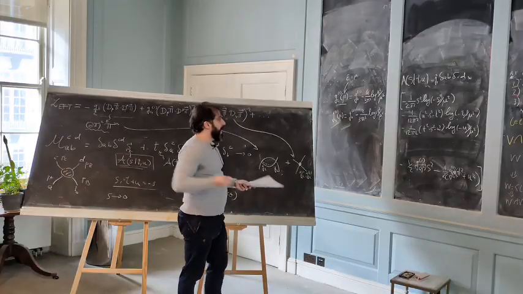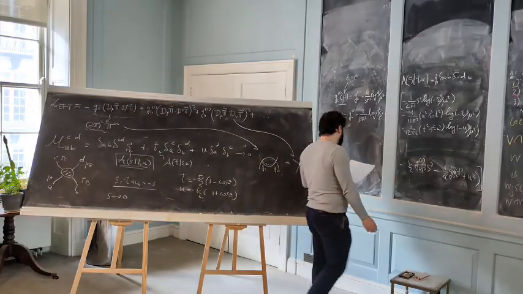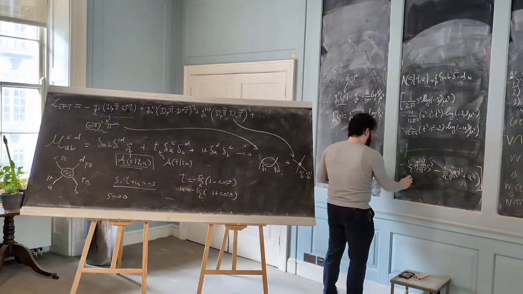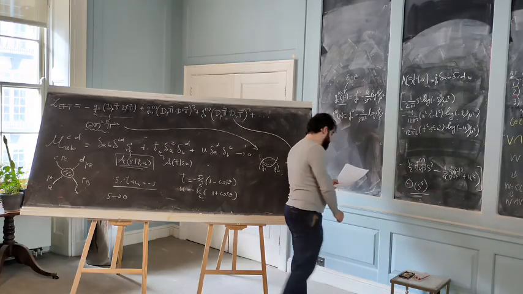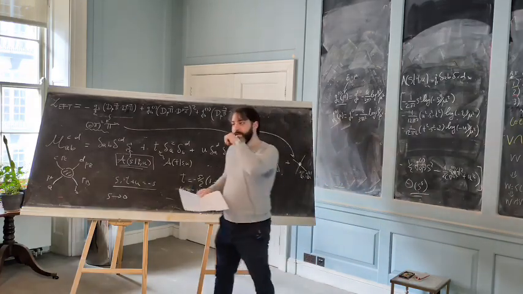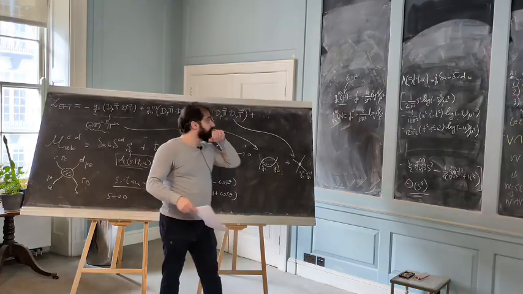Okay? And then you can go. So this is an example of an order S to the 4 computation. Any questions so far?